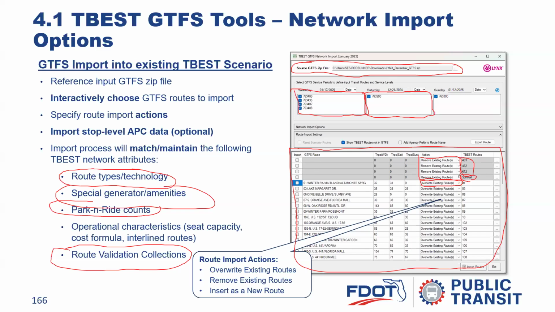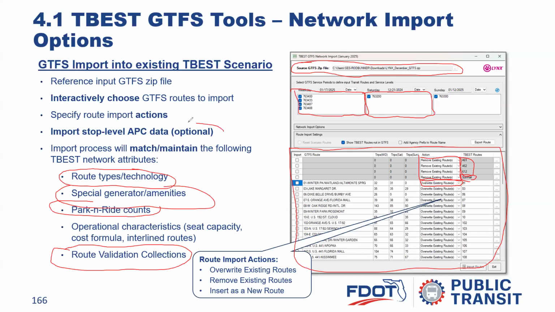So we may not want to check remove the Sunrail because we want to keep it in the network, right? Maybe we update it with another GTFS, but it's not one that we want to remove, right? Just keep that in mind. That each one of these, you have the ability to not check it and import it, right? So you don't have to check all of them. You can just check the ones you want to import. All right.